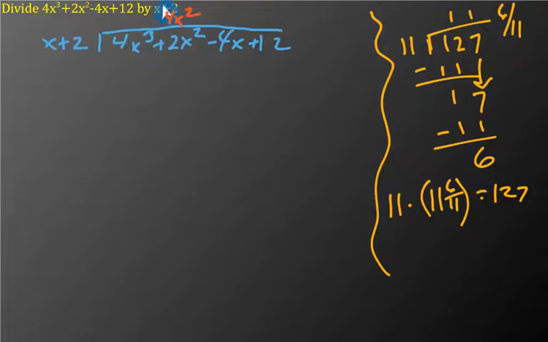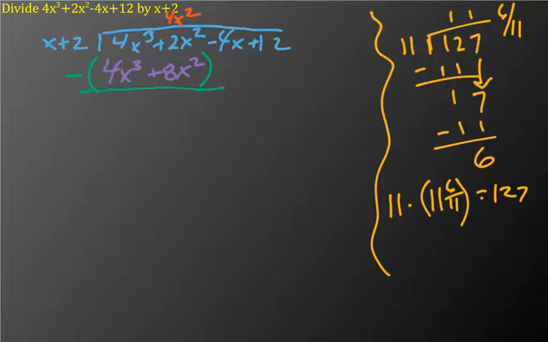We're going to multiply it by this thing. But one other difference is we have to distribute. So we're going to multiply 4x squared by x and also 2. 4x squared times x is the 4x cubed. And then 4x squared times 2 is 8x squared. And then the next step was subtraction.